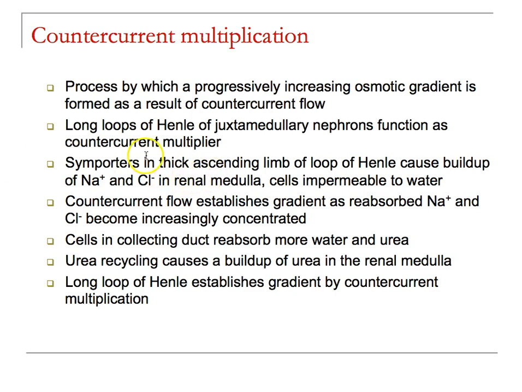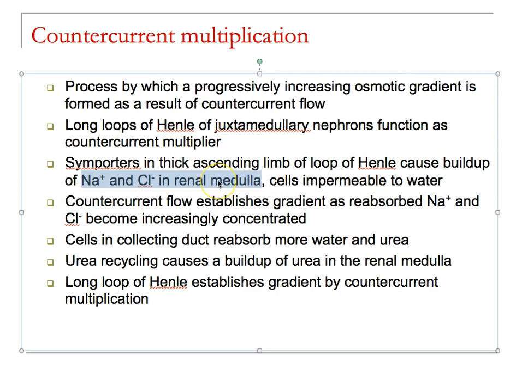Symporters in the thick neck of the ascending limb allow for a buildup of sodium and chloride concentration in the renal medulla. Okay? Remember I said we're going to take advantage of the fact that cells are impermeable to water, so therefore we drive the want for water.